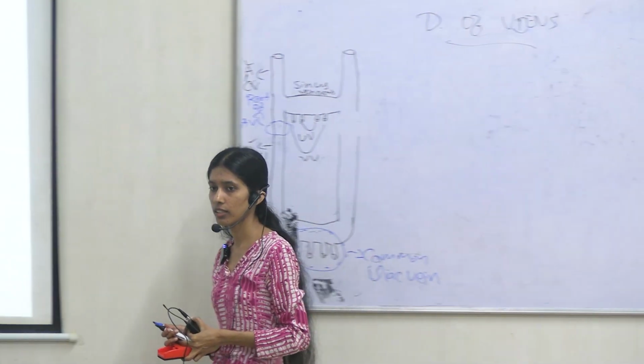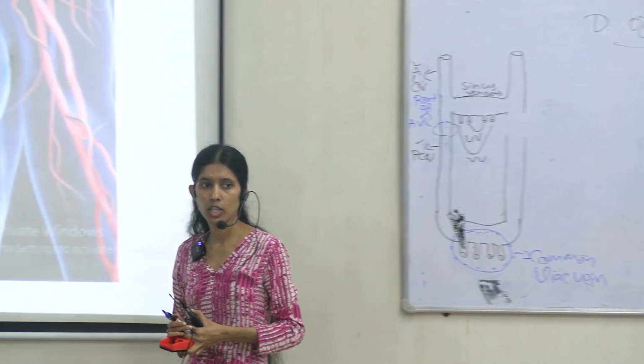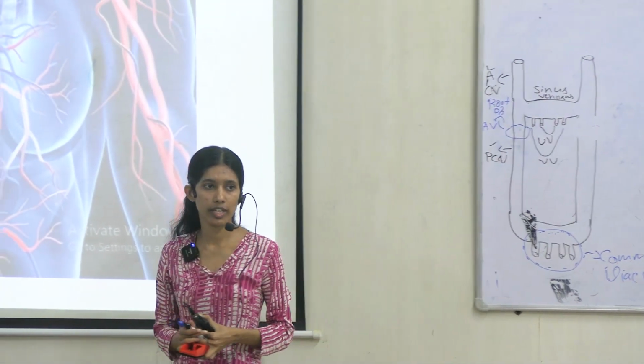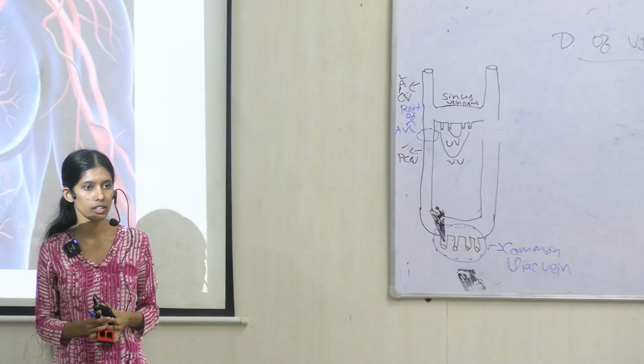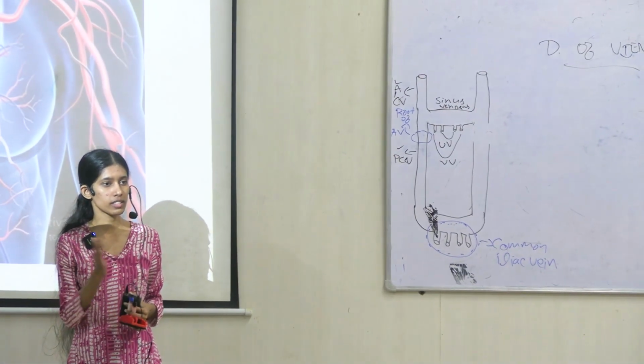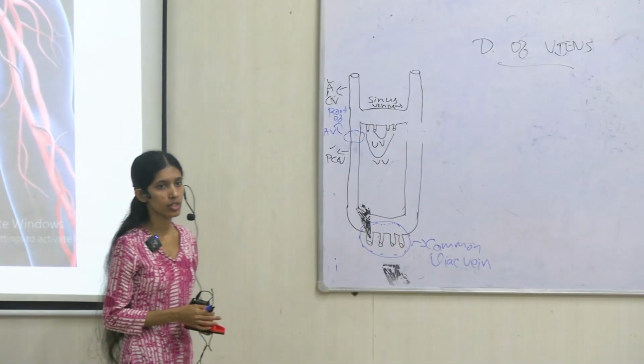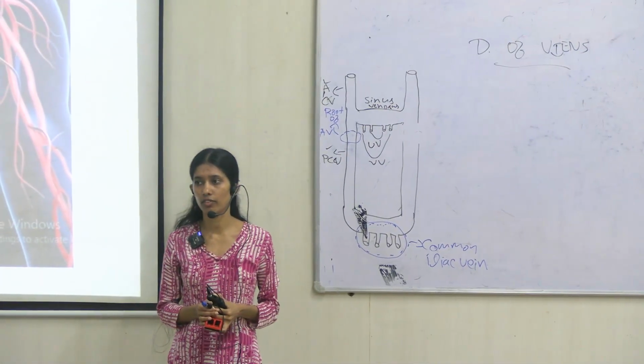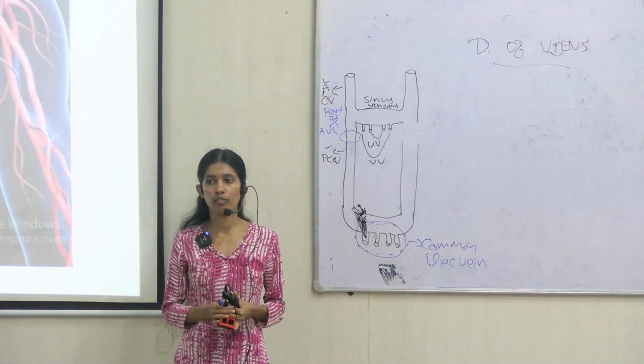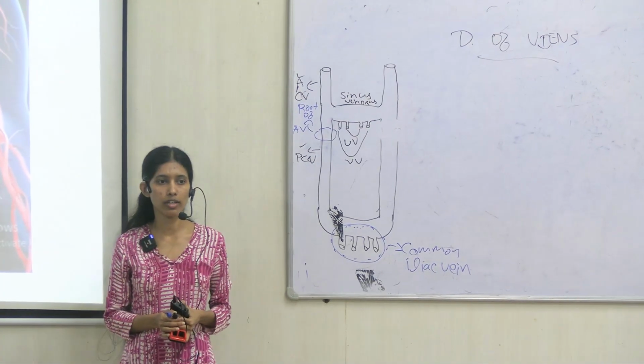As a result, the posterior cardinal vein on both the sides will also disappear or degenerate.